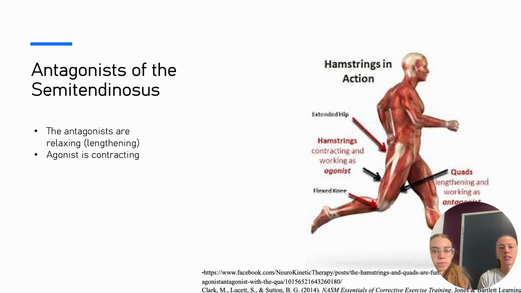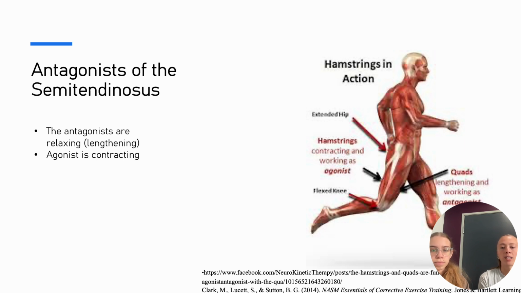So the antagonists of the semitendinosus: the semitendinosus is a prime mover in knee flexion and hip extension. So the antagonists would consist of muscles that complete the opposite action. Muscles that extend the knee would be the antagonists of the semitendinosus, so the rectus femoris, vastus lateralis, vastus medialis, and vastus intermedius.